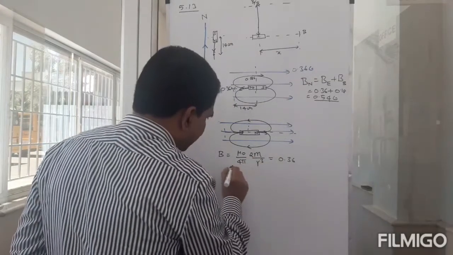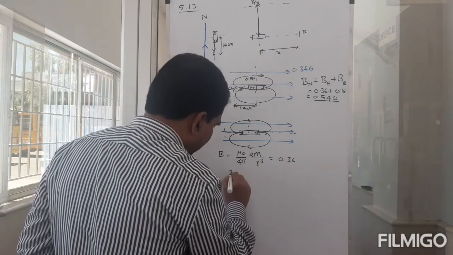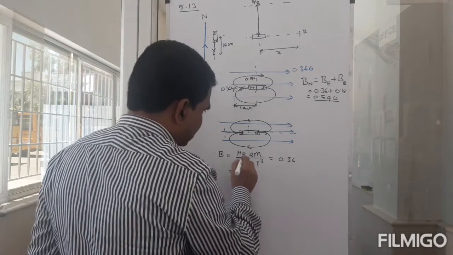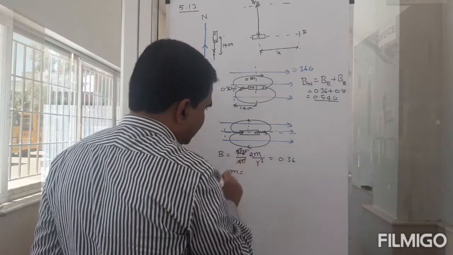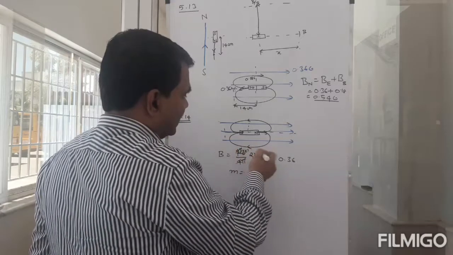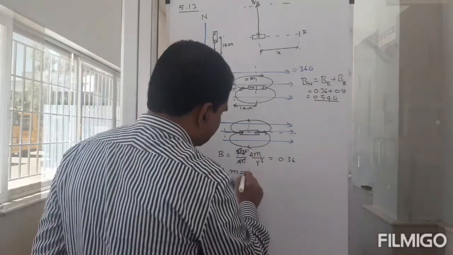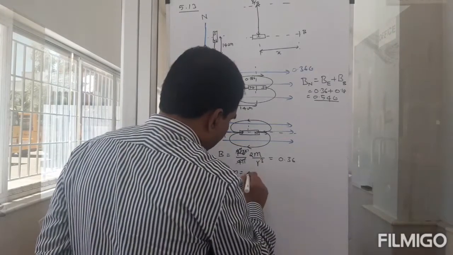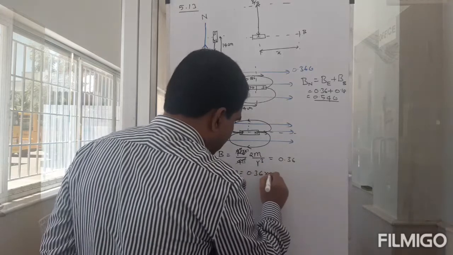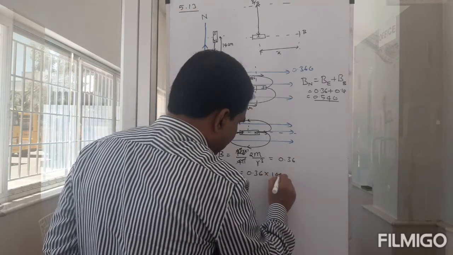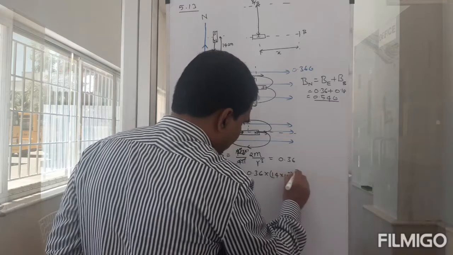You knew this value, that is 14 centimeter cube. So I can say that my m in this case is going to be 4 pi into 10 to the power minus 7. So 4 pi and 4 pi will cancel. Then I can find my m this way. This is 14 centimeters, so m is equal to 0.36 into r, which was 14 into 10 to the power minus 2, the whole cube.